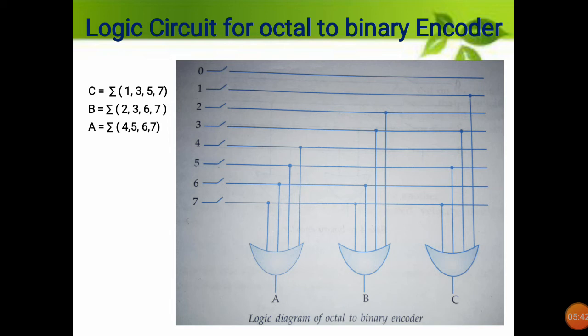For B, the input lines are 2, 3, 6 and 7, and for A the input lines are 4, 5, 6 and 7. So this is the final logic diagram of the octal to binary encoder.